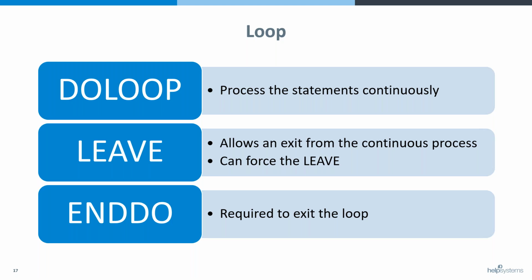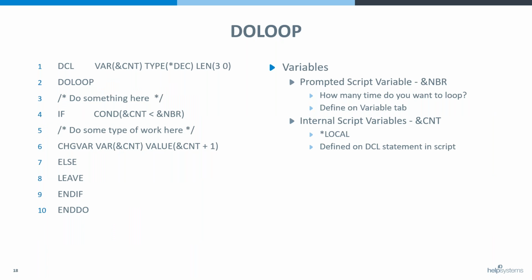Now, I'm not sure if everyone has the same example to want to process something repetitively, so I kind of made just a generic example, because what we're learning here is the concept. One time we have used this is if someone wants to check to see if there's a file out on the IFS, and they don't know what time of day that file is going to hit the IFS, but we need to go out there, check, and then once the file is there, we've got to do something.